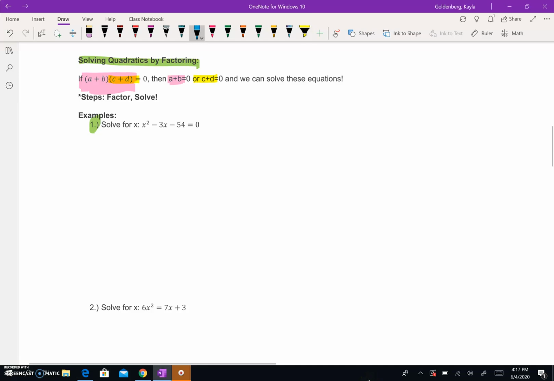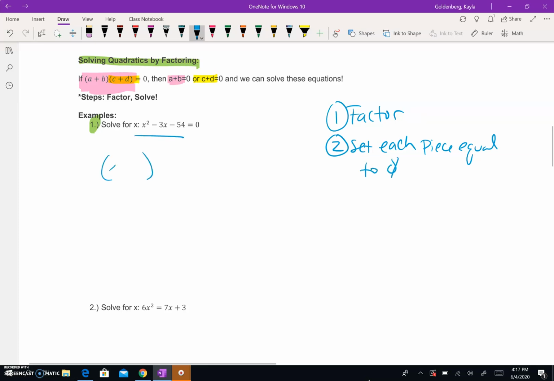So our first step is factor, and our second is to set each piece equal to 0. So if I factor this first equation, I've got x and x, and I need to think through what multiplies to be a negative 54 and what adds to be a negative 3.